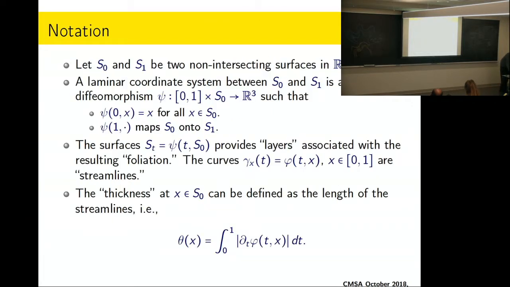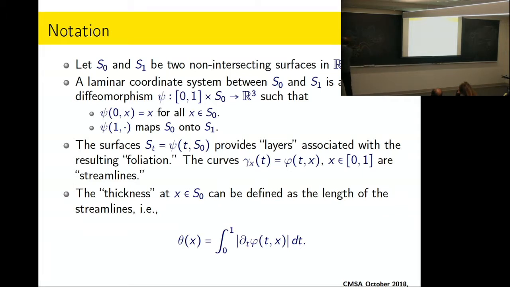All right. So let's have some mathematical notation. So I have my two surfaces. I am going to represent them as curves here, but I have here S0 and S1. What I want is to build this coordinate system.